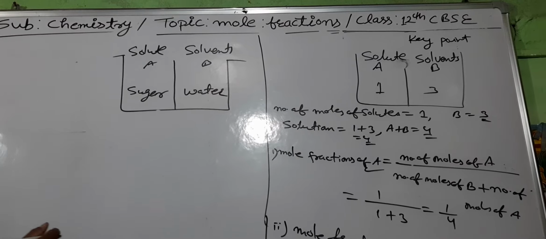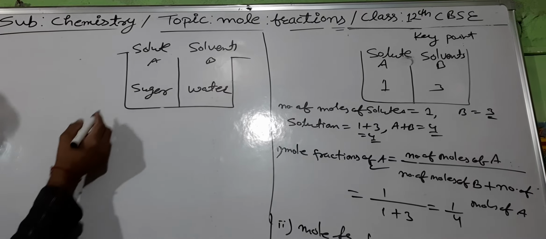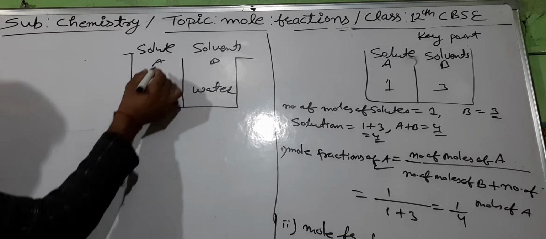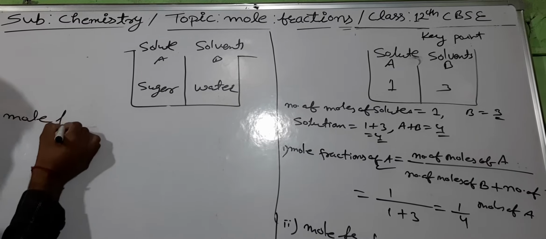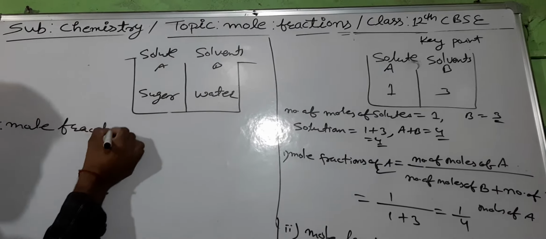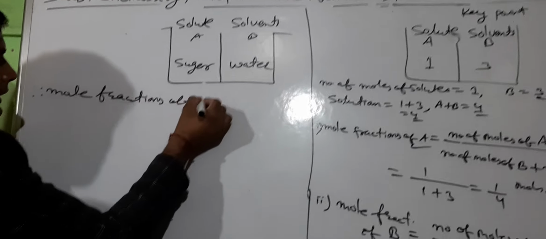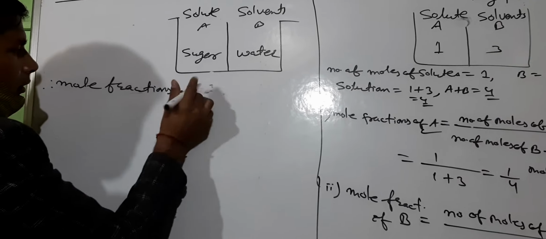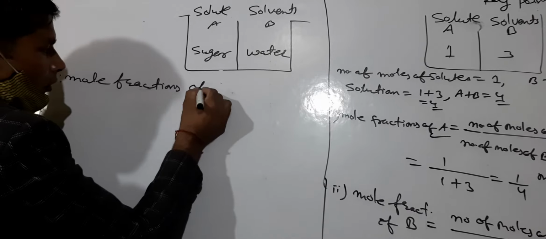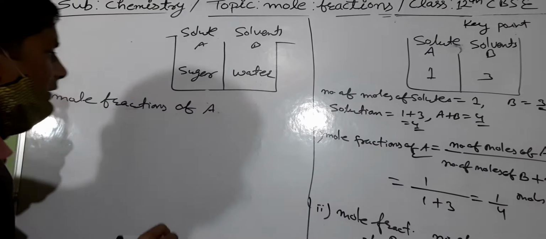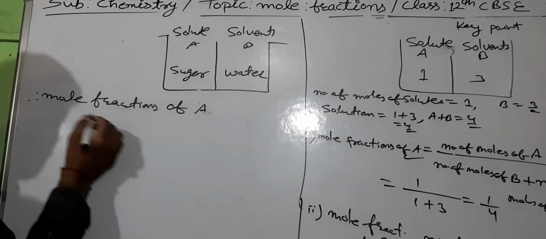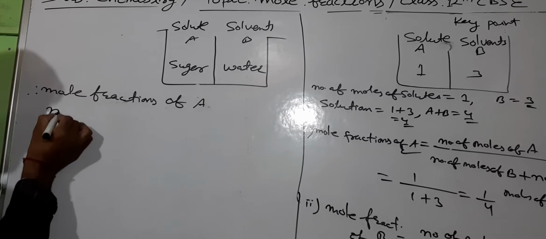First is the mole fraction of A. Generally, in the case of mole fraction, the concentration term is denoted by Na.